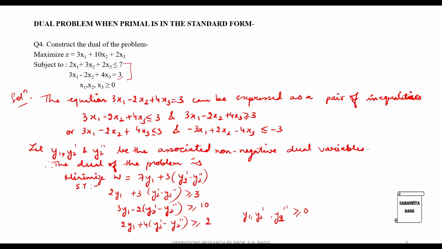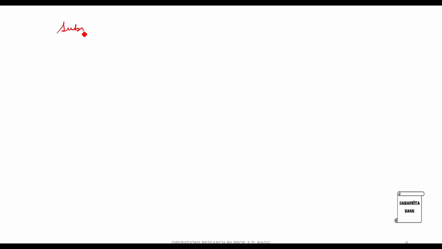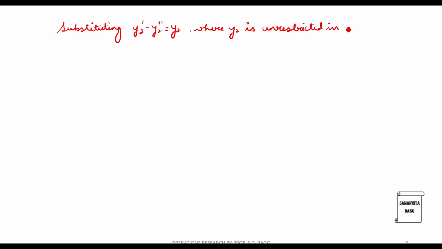Now if you observe carefully, I have written y2 as y2 dash minus y2 double dash. If I substitute y2 dash minus y2 double dash as y2, where y2 is unrestricted in sign, which means it is not greater than or equal to 0, it can be negative.